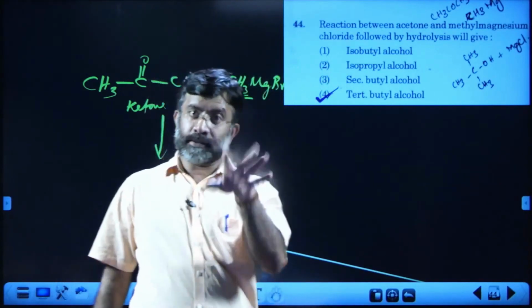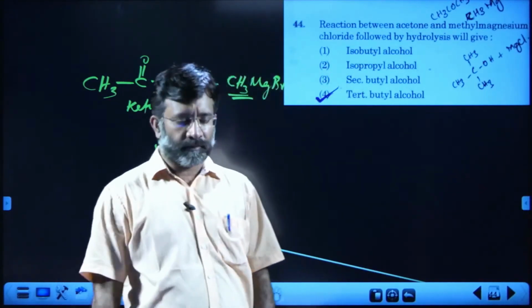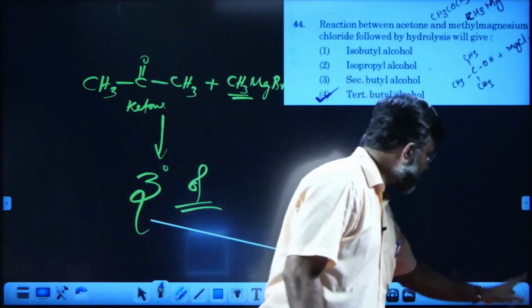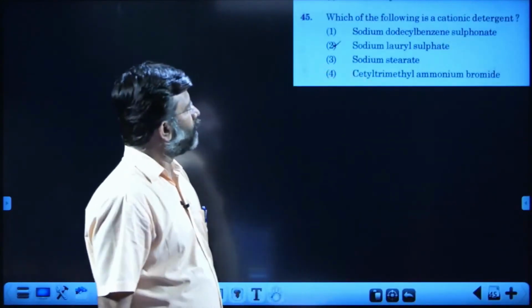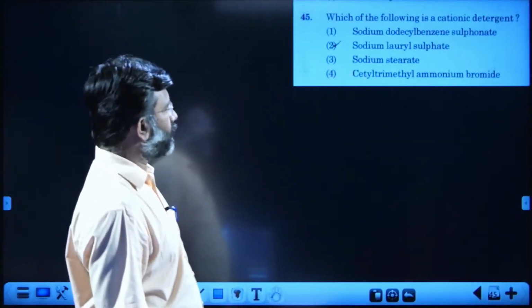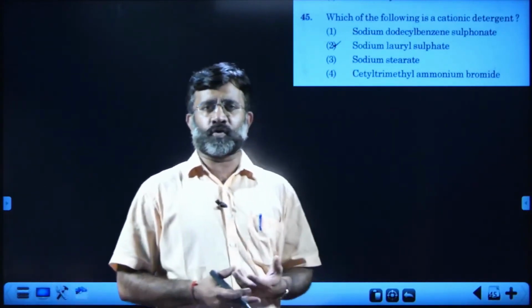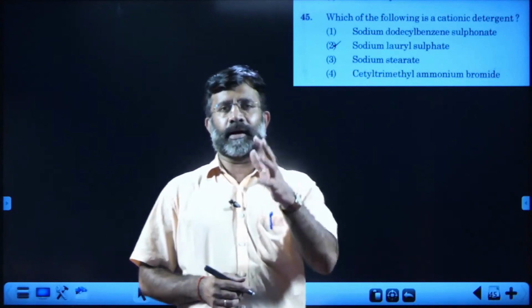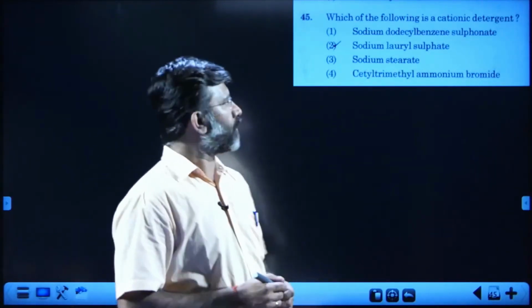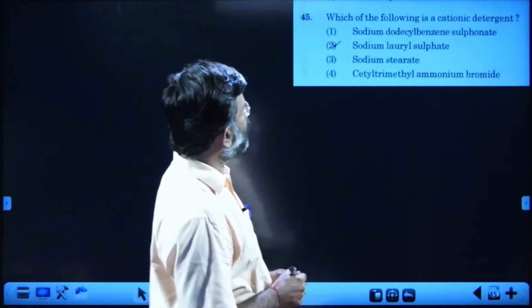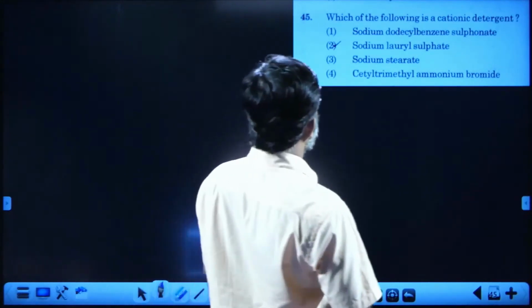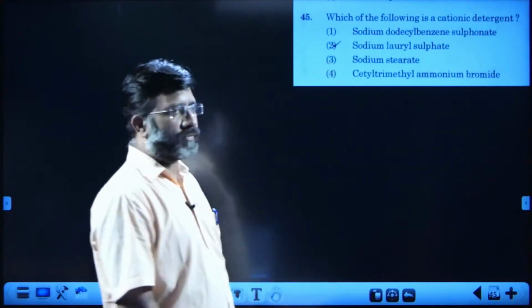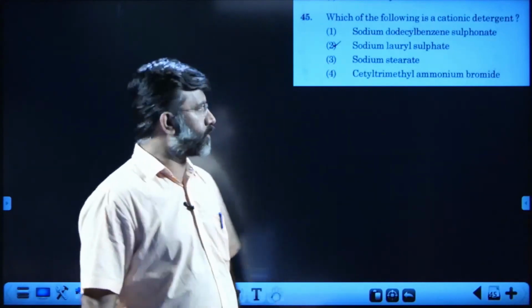And the last question from the chemistry part, the 45th question. Which of the following is a cationic detergent? A straight textbook question given as an example in the last chapter, Chemistry in Everyday Life, regarding surfactants. Sodium dodecylbenzene sulfonate is an anionic detergent.